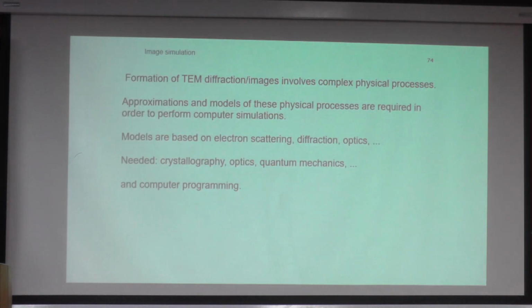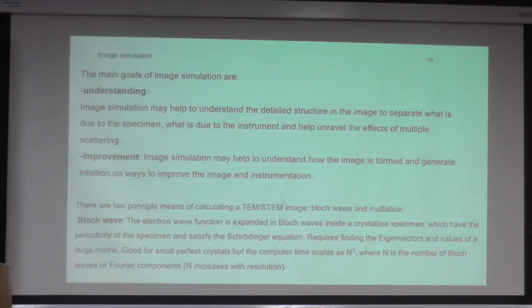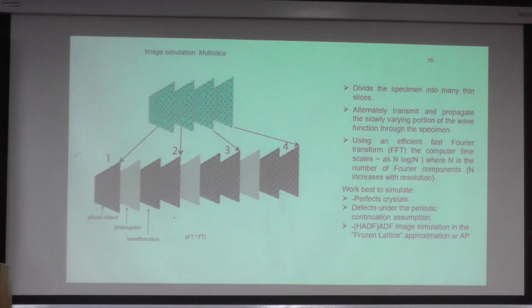So there are different approaches for image simulation. One is based on Bloch waves. This is time-consuming and very accurate, but the other is very simple and fast, but also accurate. It's based on the multi-slice simulation. So how is it done?